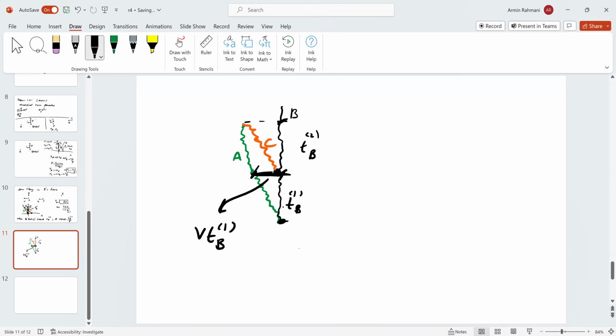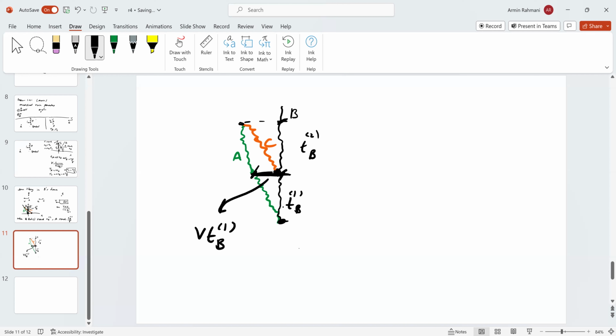So now the situation is, in B's frame, at this point, A and C are separated by that distance. A is moving with velocity V, C is moving with velocity U that we just calculated. So to see when A and C meet, I can write this equation.